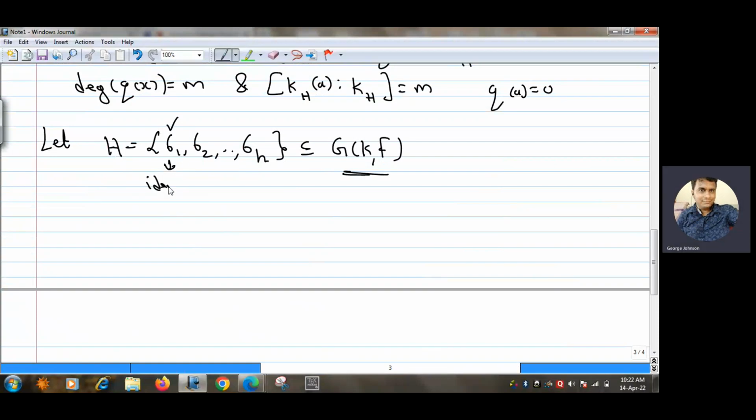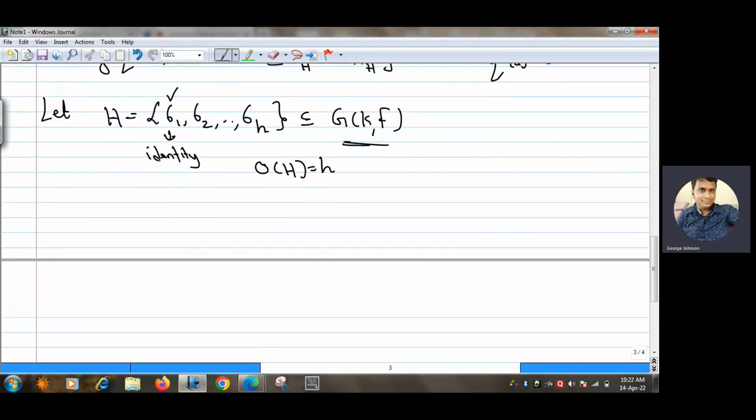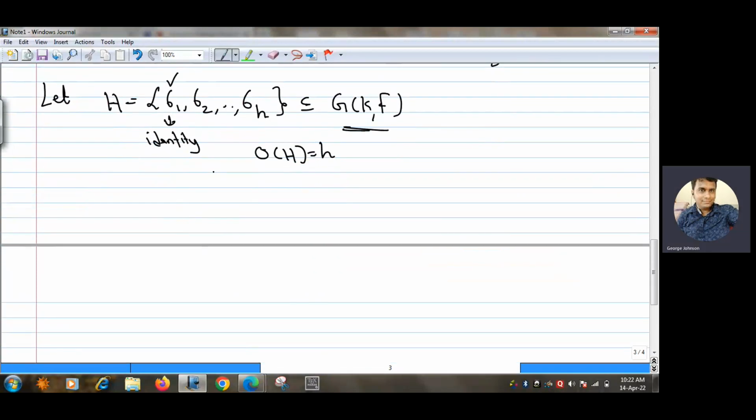Here the order of H is small h, so let us assume that in capital H there are small h elements, namely sigma 1, sigma 2, up to sigma h, and the first element is the identity element.